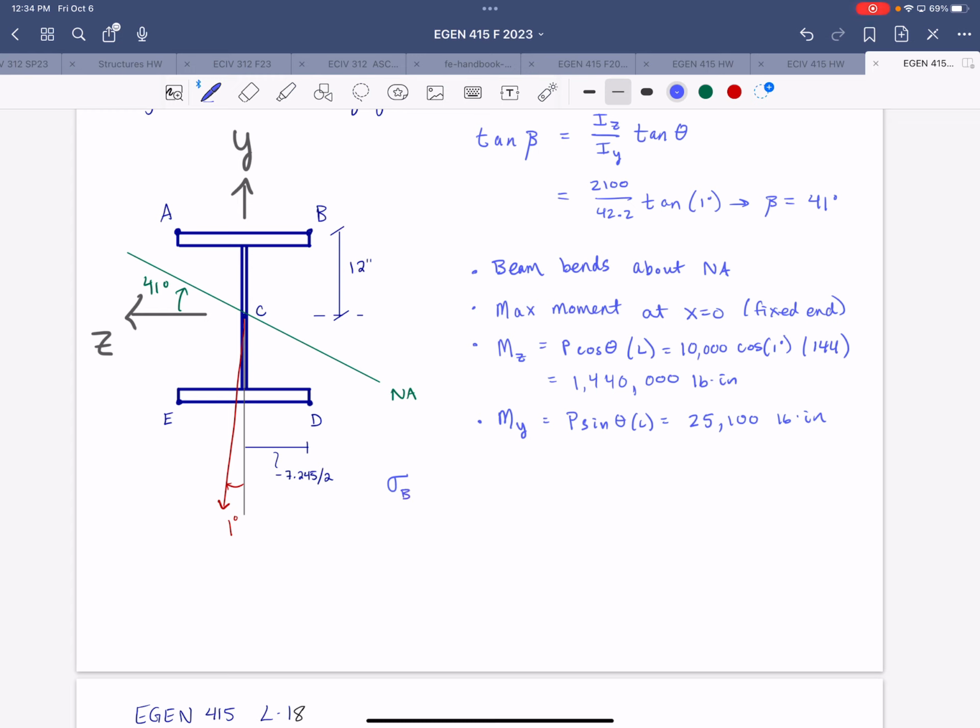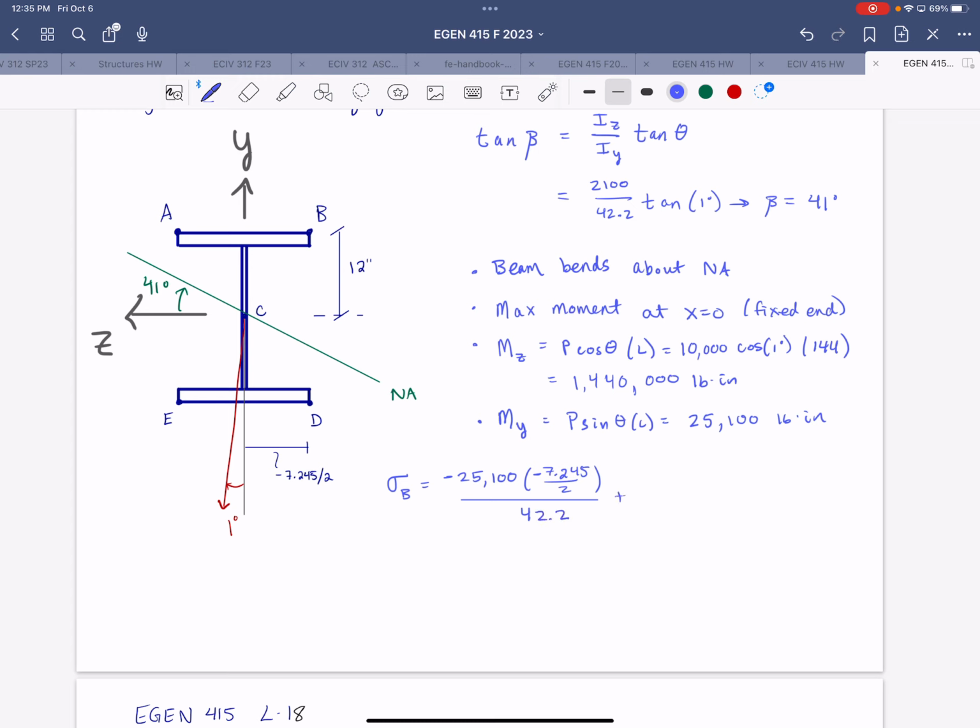So stress at B will be, start with MY, so negative 25,100 times half of the width, and we're going in the negative Z direction to get to B, so negative 7.245 over 2, divided by our IY, which is 42.2.